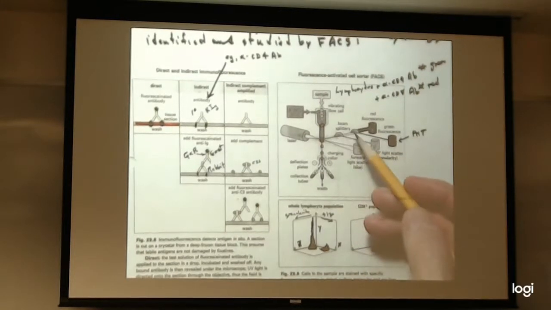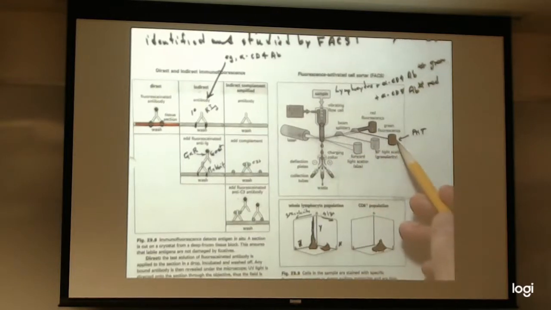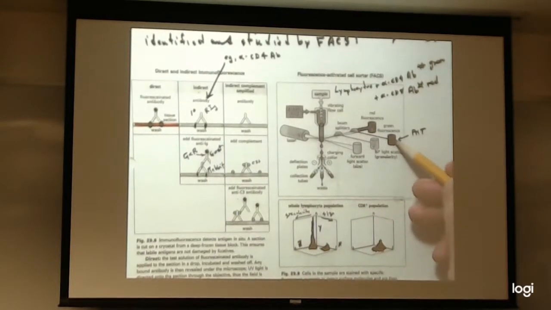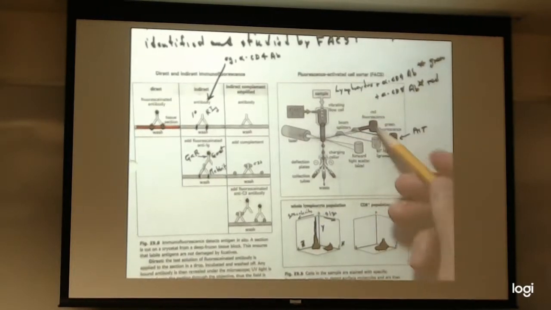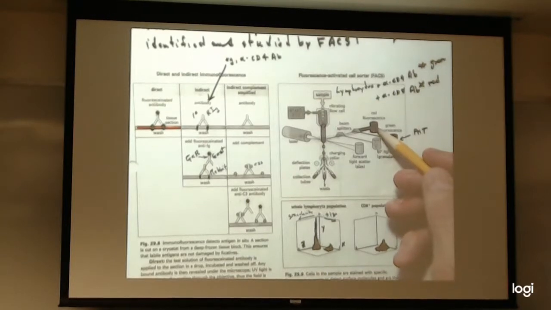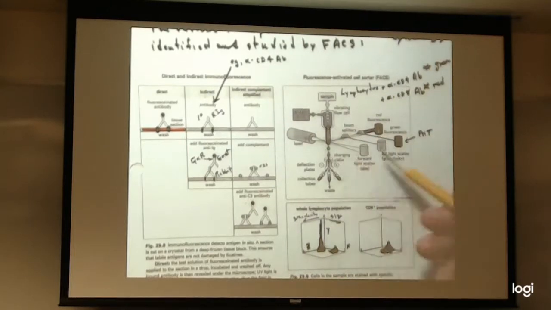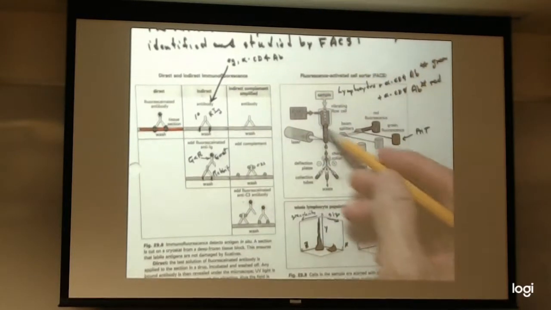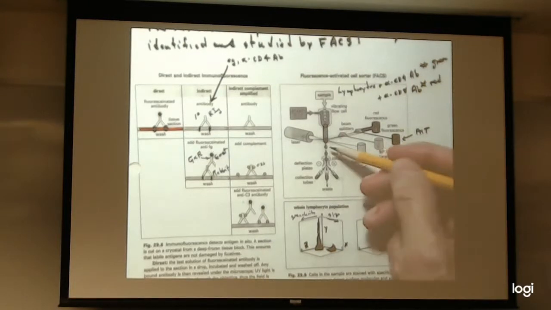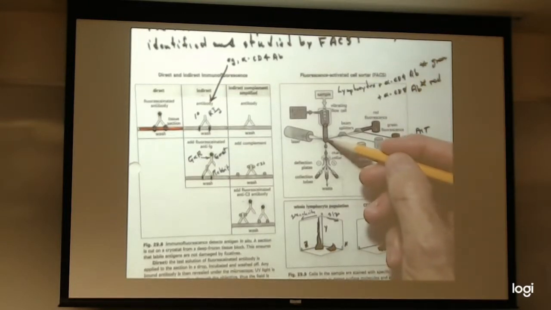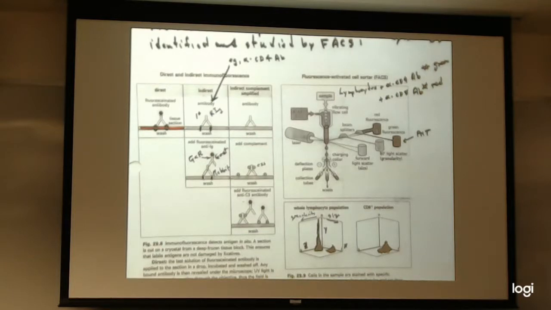The reflected light is directed to a photomultiplier tube that will measure green wavelength fluorescence, and what passes through will be measured as the red fluorescence with this photomultiplier tube. As we're measuring, we're talking to the electronics here. Each cell is inside a little liquid droplet of medium, and the machinery can put a positive or negative charge on each little droplet, in which there's on average a single cell.